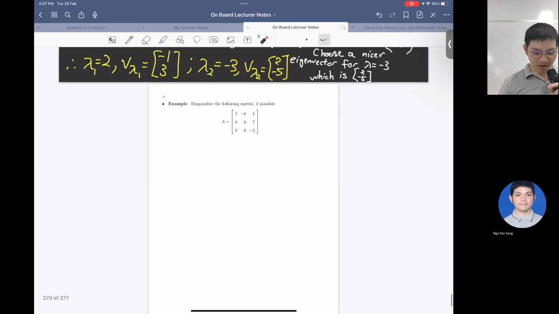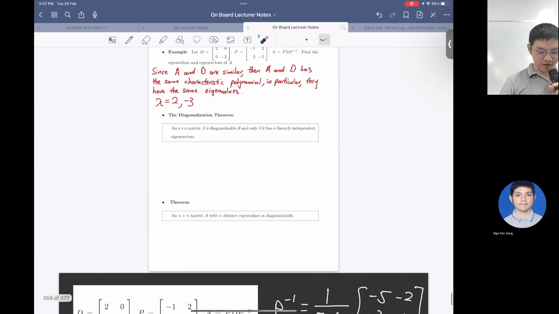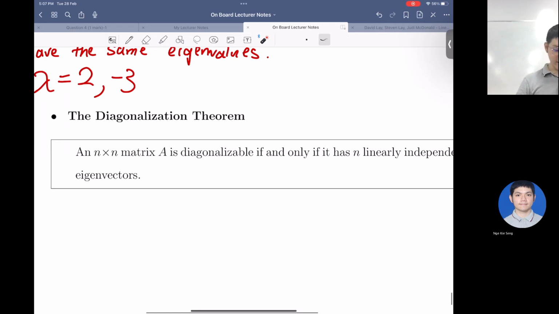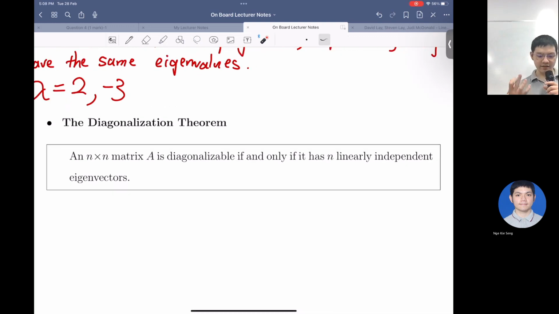Okay. So what we did is the theorem. The theorem says that an n by n matrix A is diagonalizable if and only if it has n linearly independent eigenvectors, and these will form the P matrix.